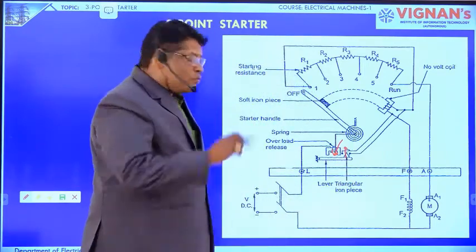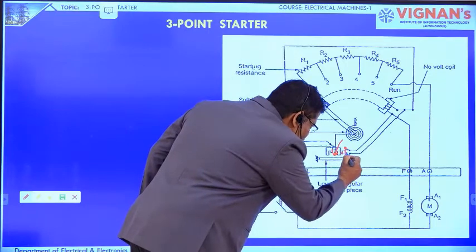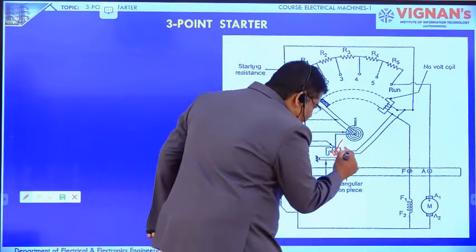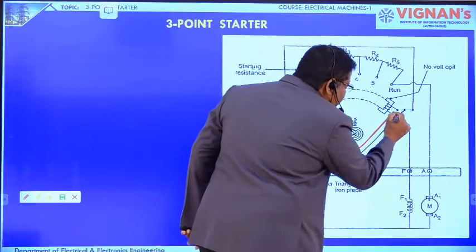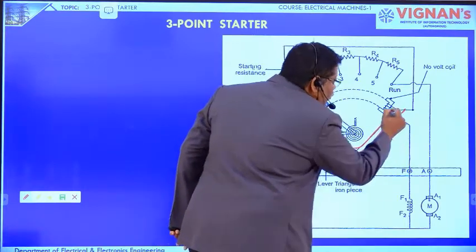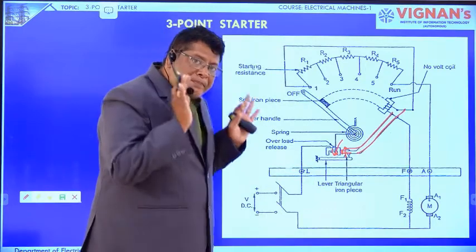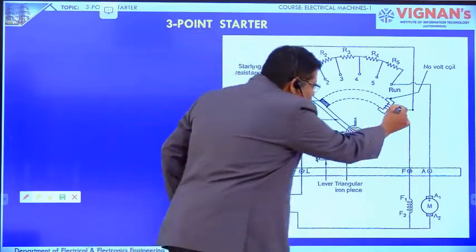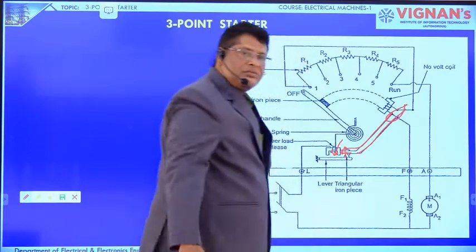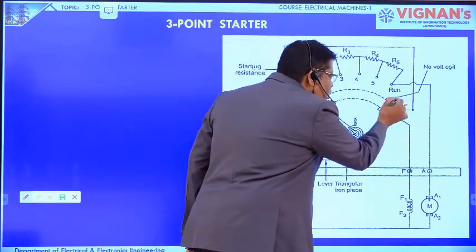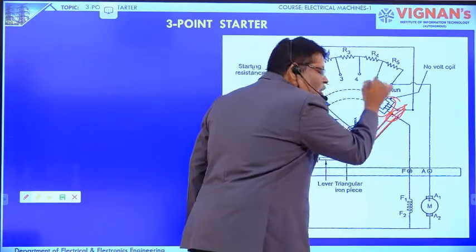Whenever it moves upwards, there is a short circuit across these two terminals. These two terminals are connected across the no voltage coil, so it's simply making a short across the no voltage coil. So whenever these two terminals are shorted, no current flows from this coil.